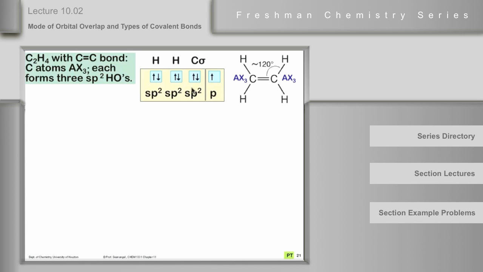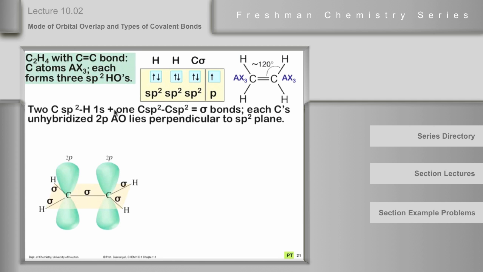So we'll show this as carbon sigma, and it will be like the sigma bond in C2H6, except instead of using carbon sp3s, it'll use carbon sp2s. And I know that because there are only 3 electron groups around it here. Okay. So if I look at this molecule, and I remember that it's flat, I can write down the sigma bonds.